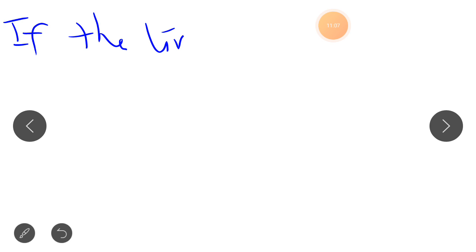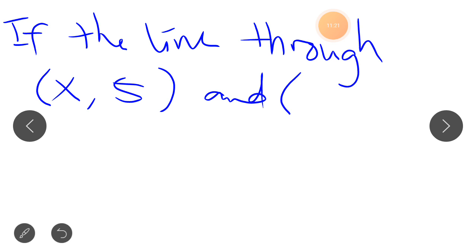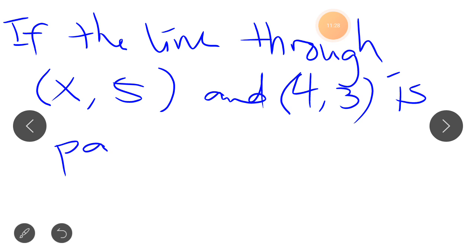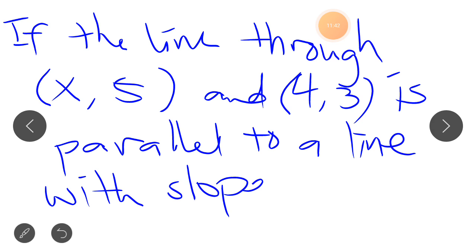So we have, if the line through x, 5 and 4, 3 is parallel to a line with slope 3, find x.